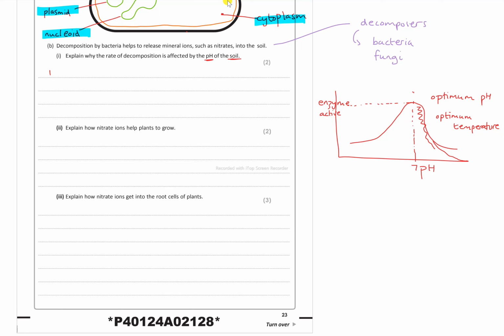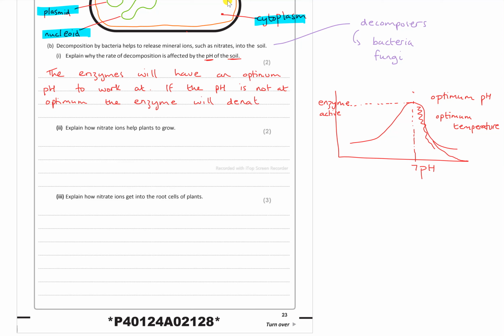If the pH is not at optimum, the enzyme will denature.